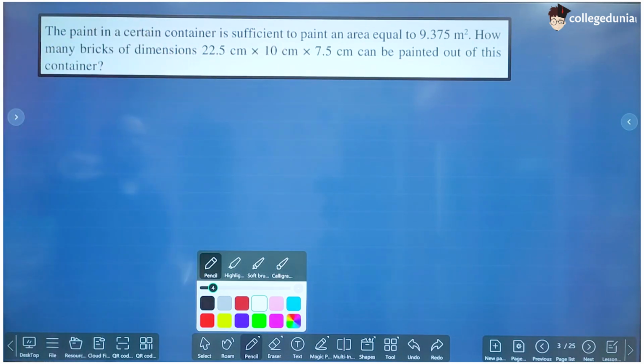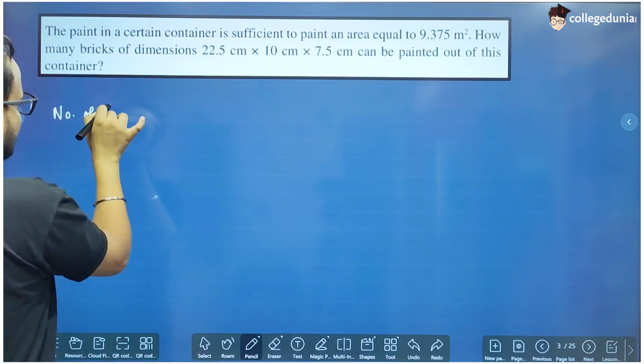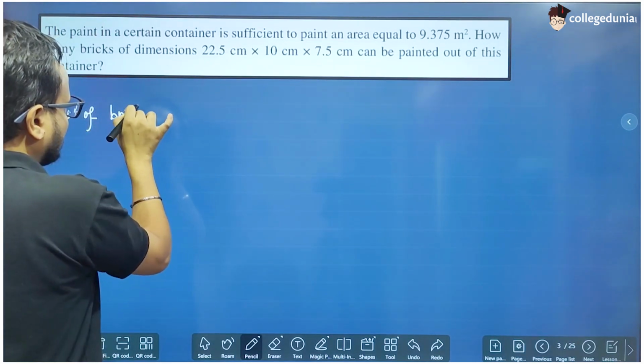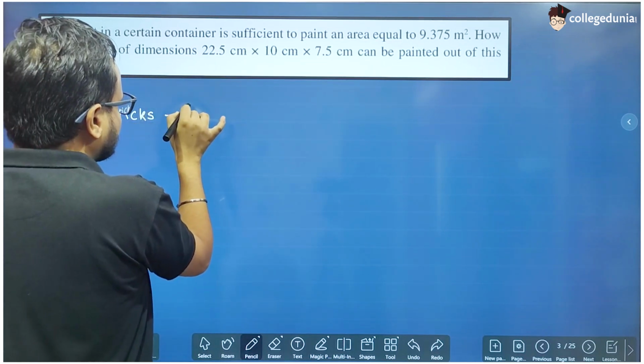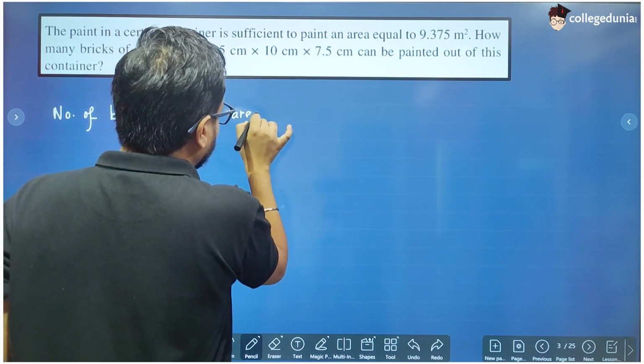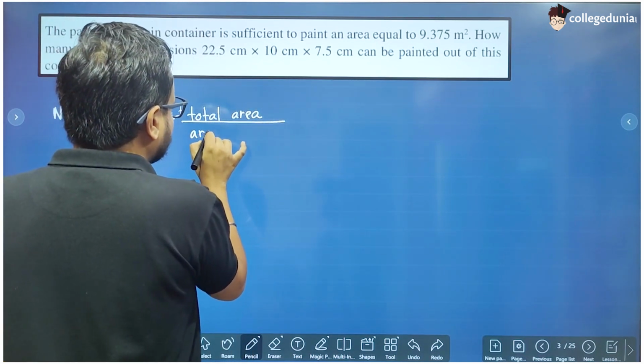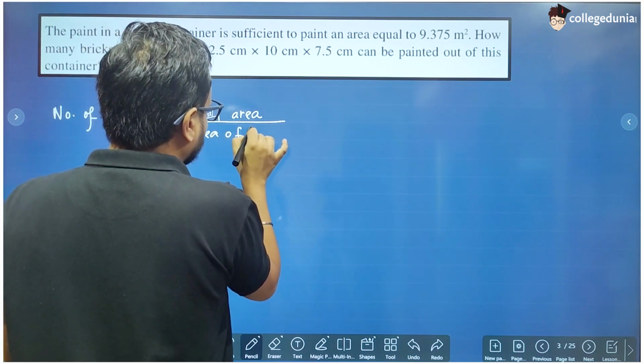So how will we find the number of bricks? The number of bricks is total area divided by the area of each brick, right?